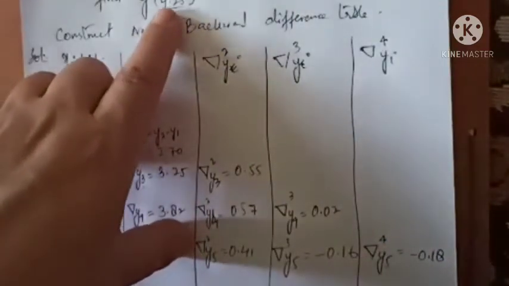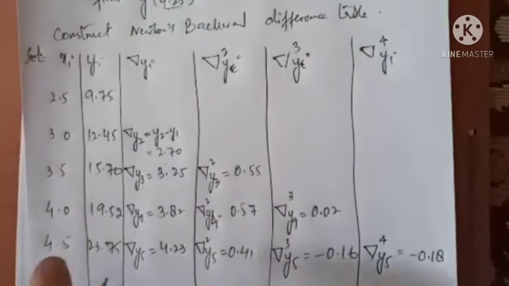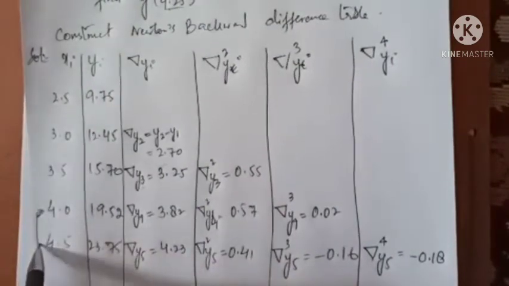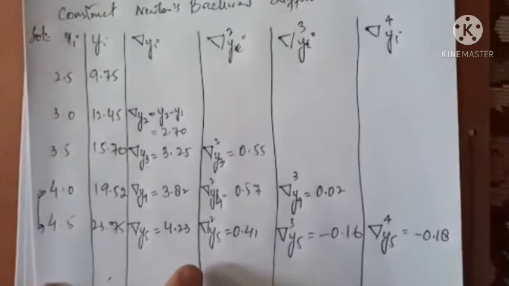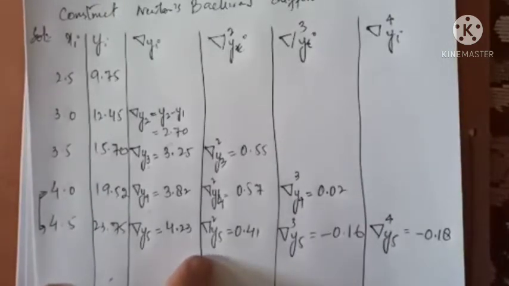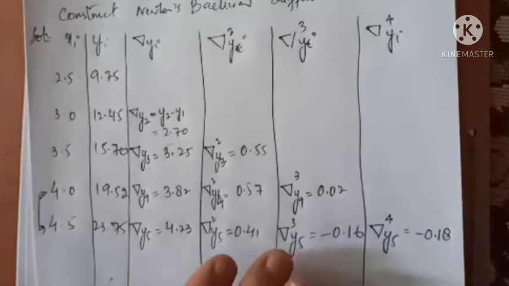Now the question is to estimate the value at 4.25, and 4.25 lies between these two values, right? Now in the backward difference operator, we have to estimate the value in the lower half of the table.